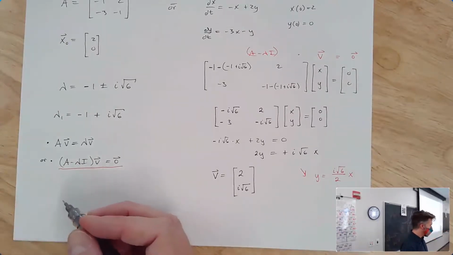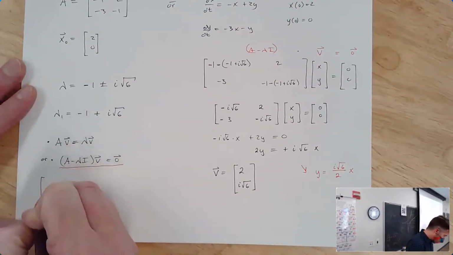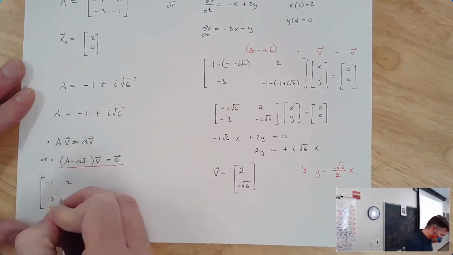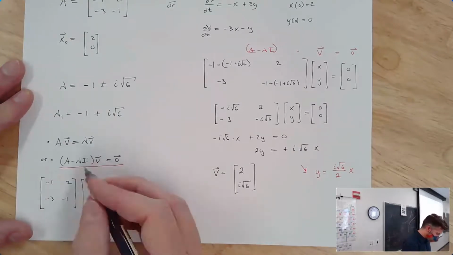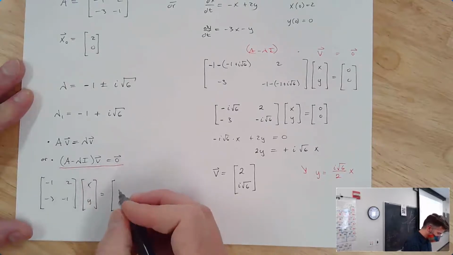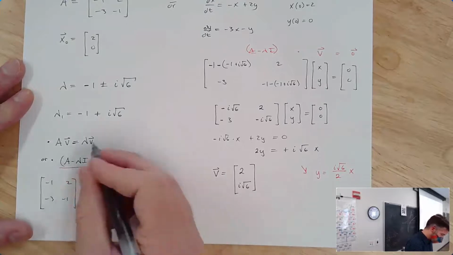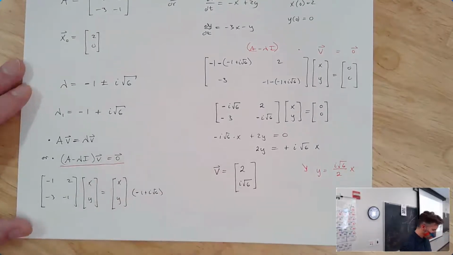Do I need to show you the other way we could do this to believe that it's the same? Yeah, I should show you. You could do your matrix A, -1, 2, -3, -1, times the unknown eigenvector equal to the eigenvalue times the unknown eigenvector, and my eigenvalue is -1 plus i root 6.